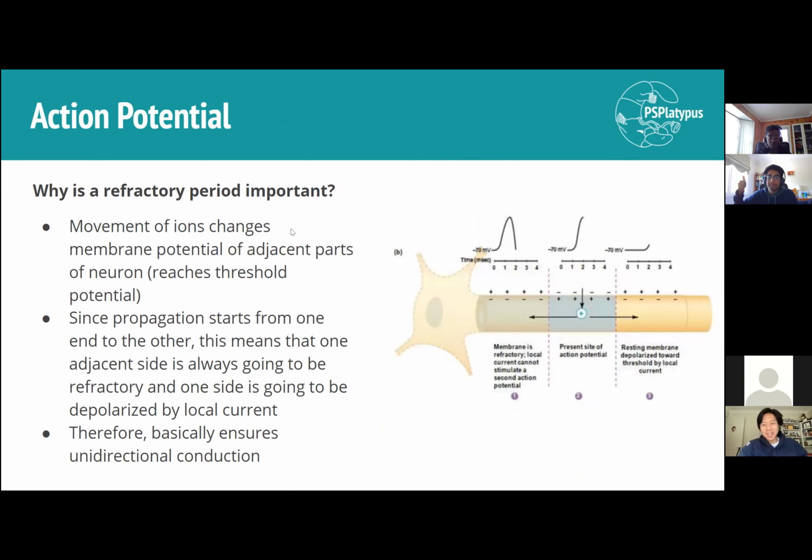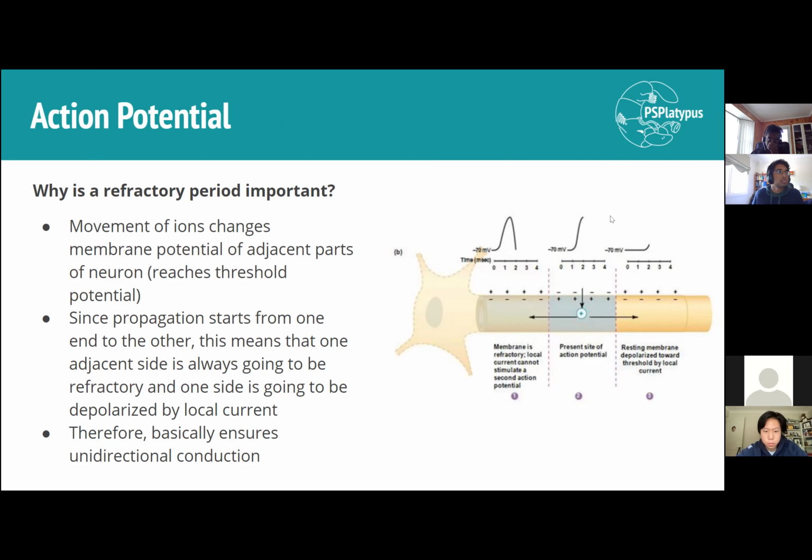Thanks. All right, so why is a refractory period important? Why do we want a period of time where the same part of the axon cannot generate a potential? This is because we want the action potential to travel in one particular direction. The way the action potential propagates throughout an axon is that the movement of ions in one part of the axon influences the movement of ions in the immediately adjacent sides.